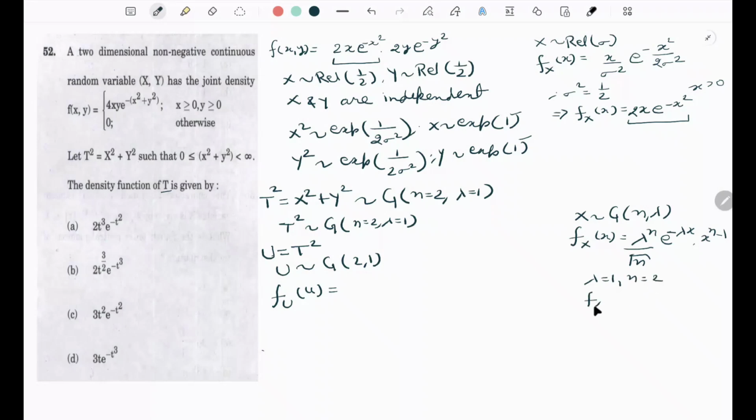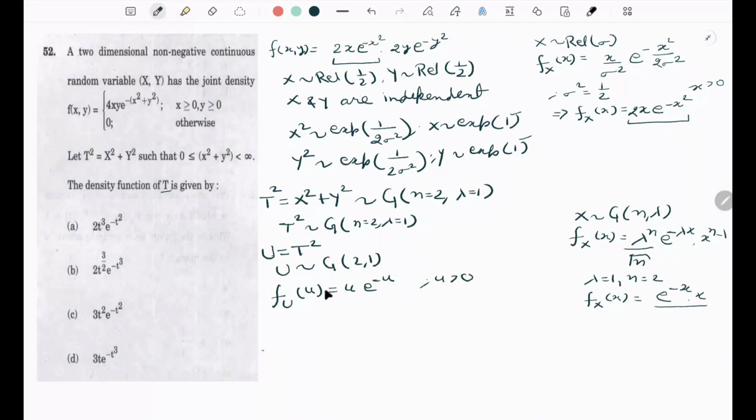So the PDF will be e^(-x) x over 1, because the value of Γ(2) is 1. So if we write the PDF of U, in place of x we have small u, so this will be u e^(-u). Obviously u is greater than 0 here.